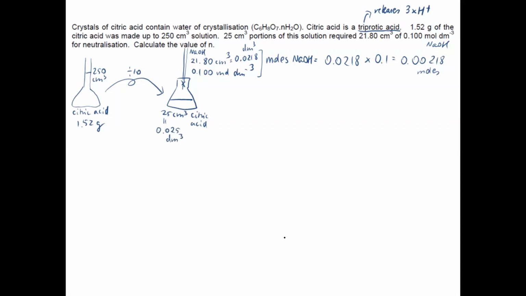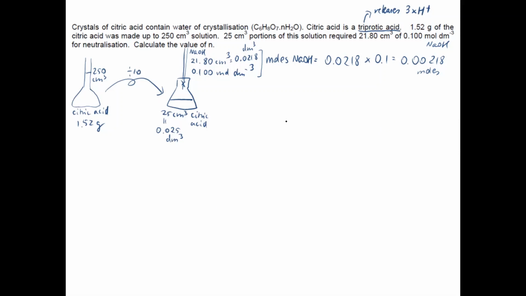The ratio of NaOH to citric acid, we need that to work out the moles of citric acid. What is the ratio? NaOH has 1 OH, and citric acid, they told you, is triprotic, so it releases 3 H pluses. You can see that at A level these questions get a bit more complex.